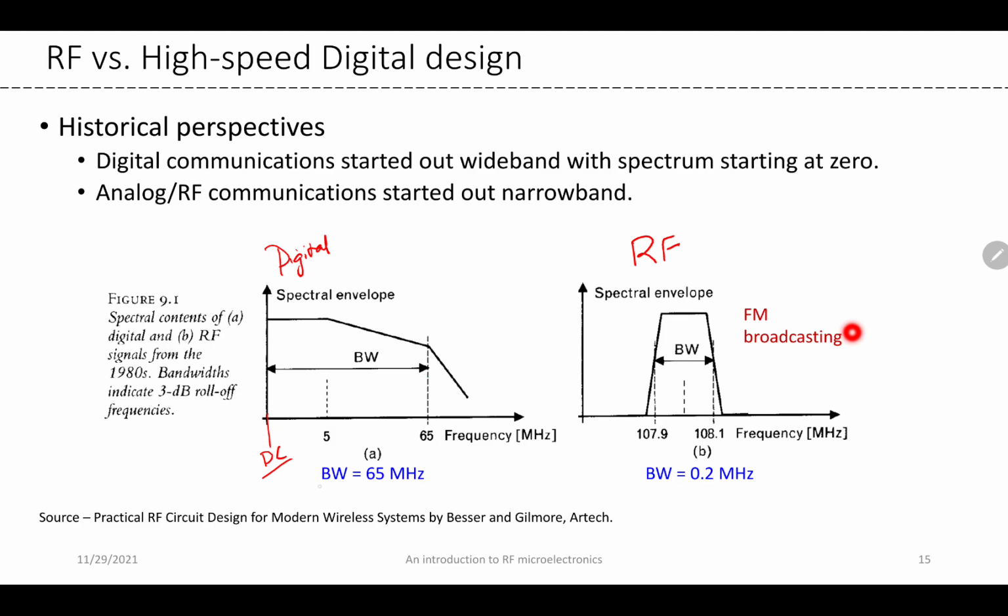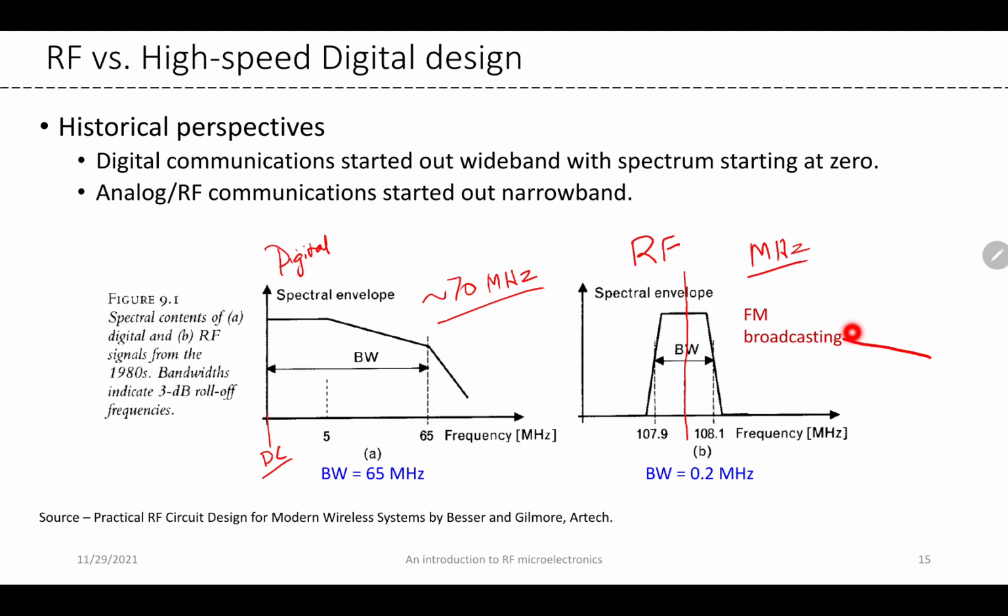They had a bandwidth of around 70 megahertz. So this is the old designs, and for RF they normally started high up somewhere. Even the carrier frequencies were low, say some megahertz.